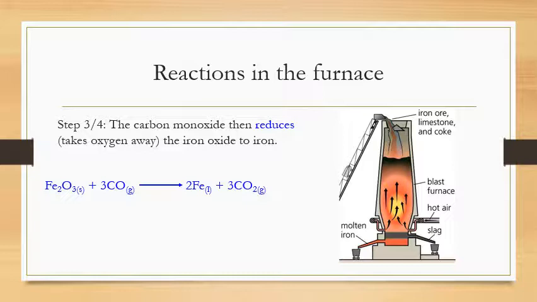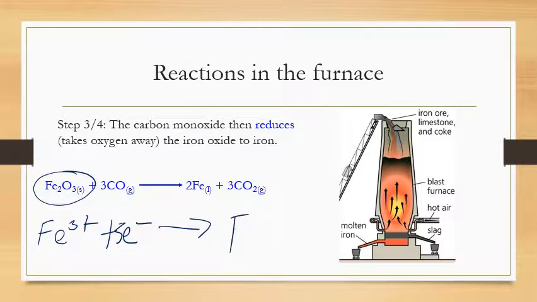The iron 3+, which is present in the iron oxide, gains 3 electrons from the carbon monoxide to form iron. So it's being reduced from iron 3+ to iron by the carbon monoxide.